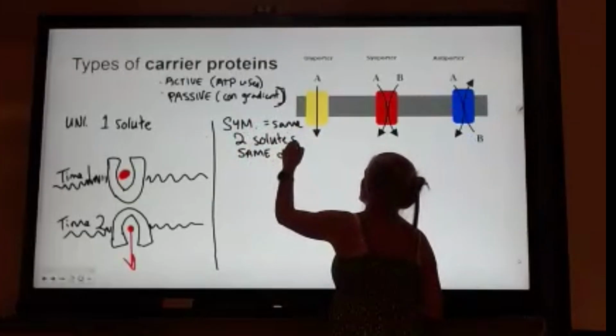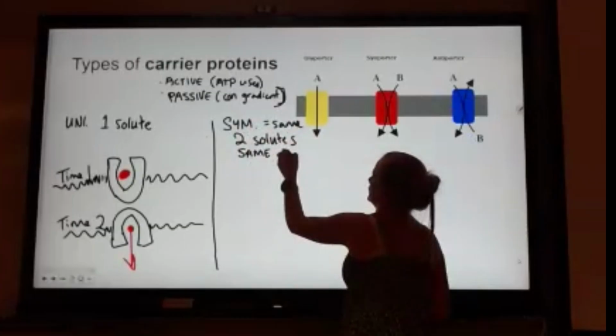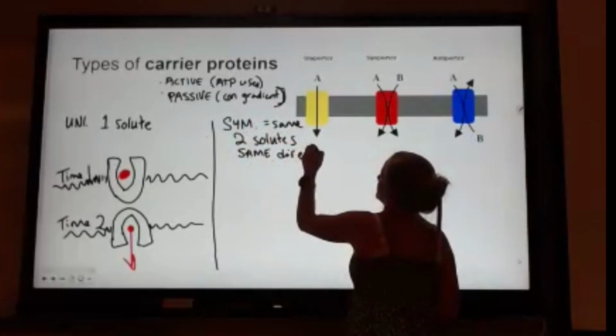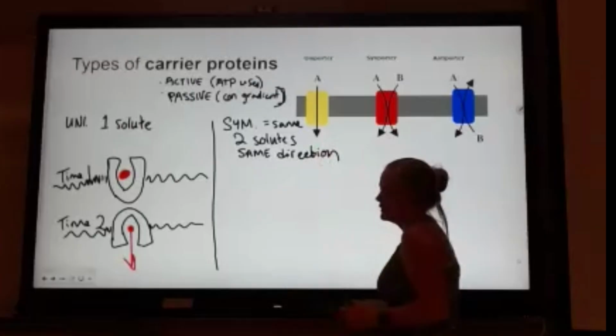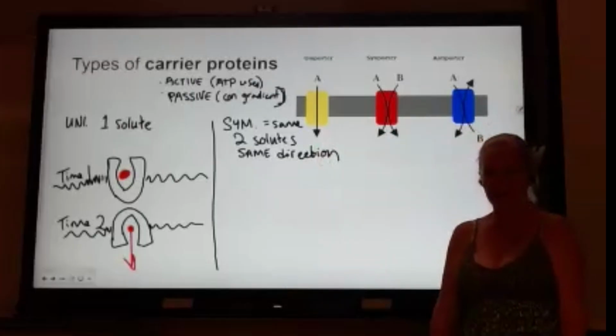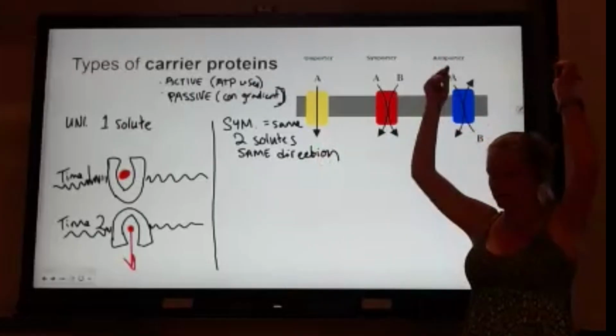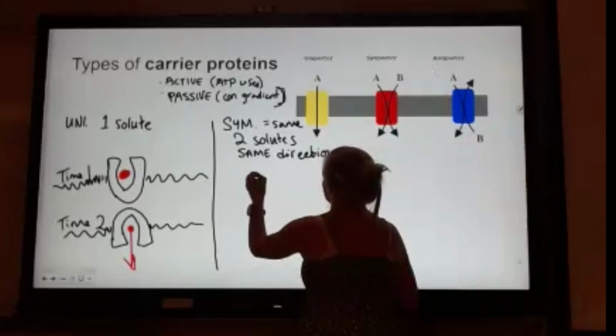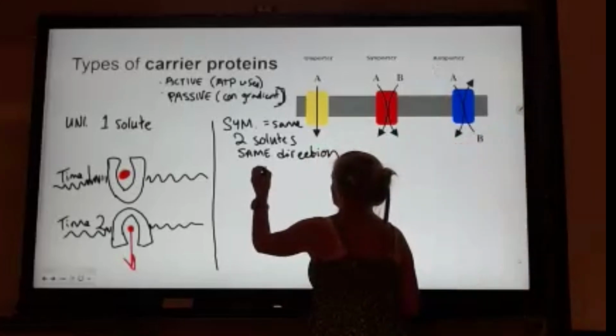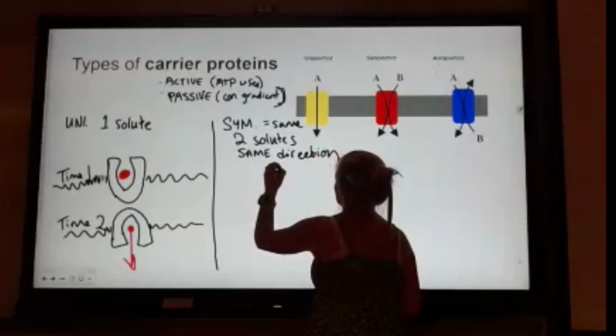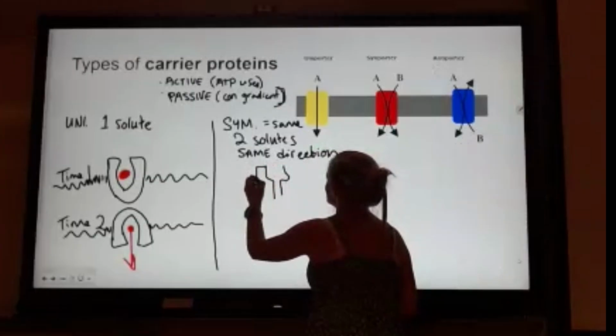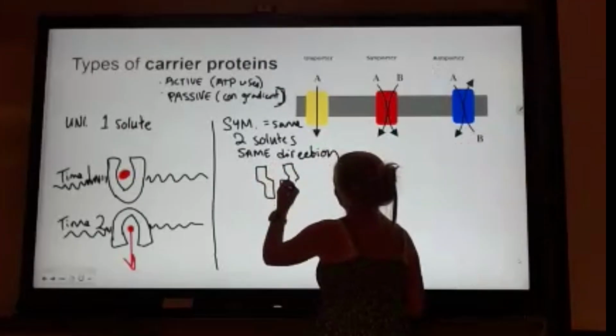Okay, so this can either be both solutes coming into the cell or both solutes going out of the cell. Okay, so let's have my protein want to be like this, I think. Okay, pretend this makes sense.